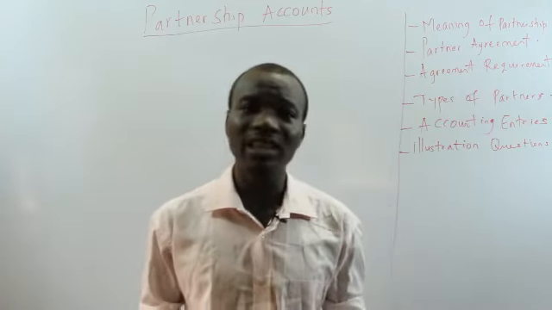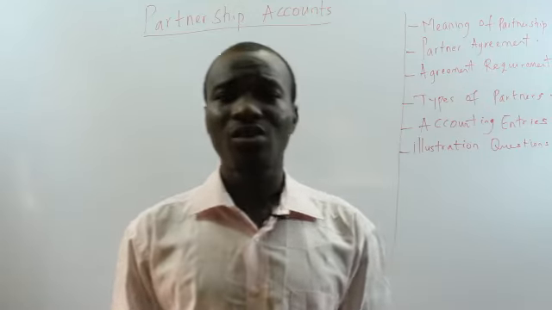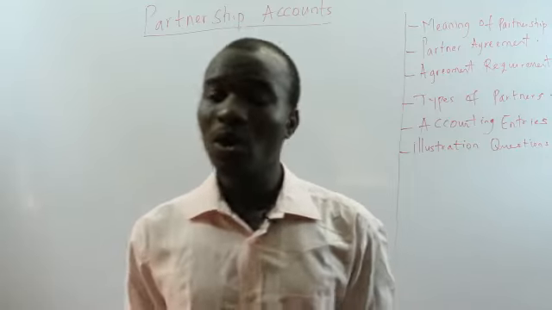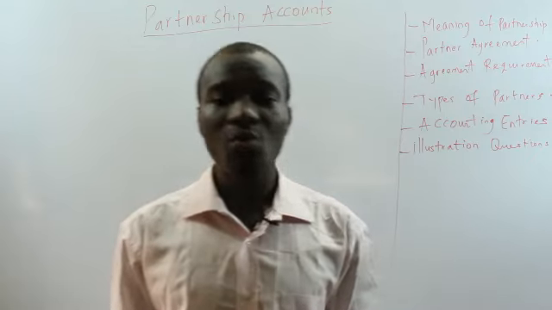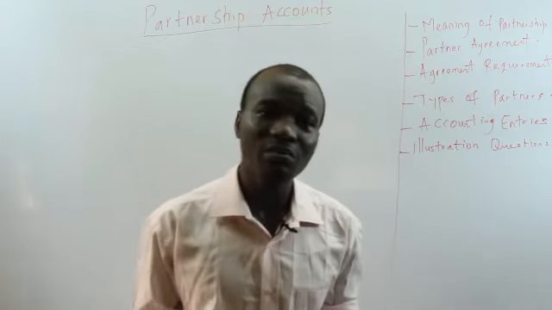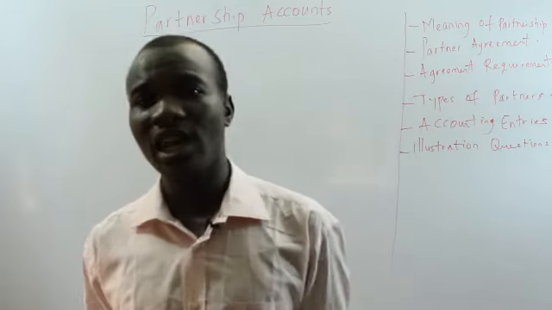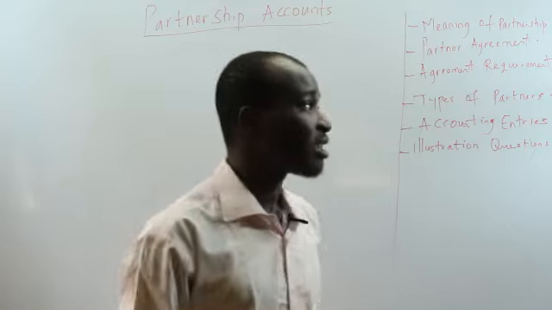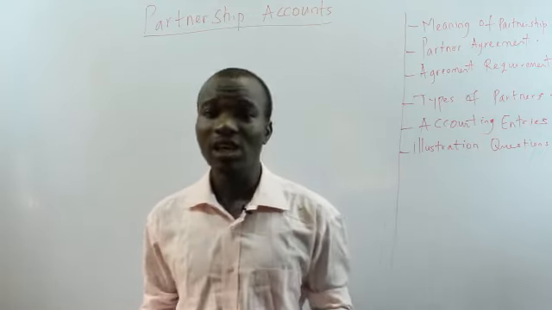Also, the partnership deed is going to show the name of the firm. While also in the partnership deed, the signatory to the cheque will be written down. Among all partners, which partner will serve as a signatory to the cheque of the business will be stated in the partnership deed.